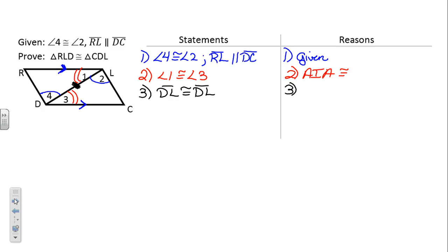Why can we say that? Reflexive. And now the triangles are congruent.